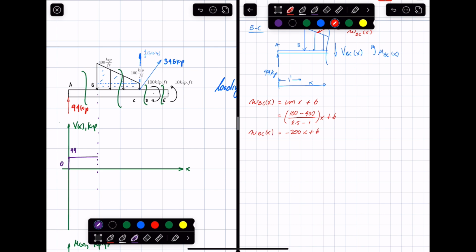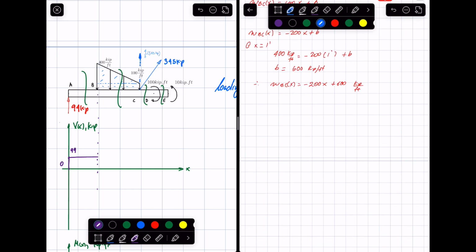And with the known value of the loading at B, which is 1 foot, we can calculate the y-intercept of our equation. And now we have the equation of our distributed load, WBC of X.